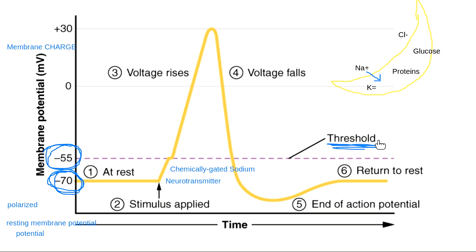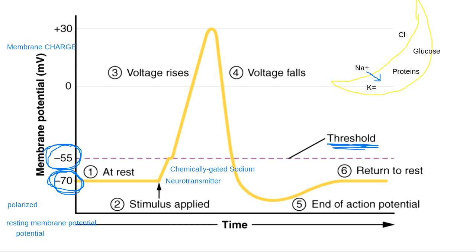What's the name for proteins that open when the charge is wrong? What kind of gated are those guys when they open for charge? Yeah, if I open because the charge is wrong, it's voltage gated channels again.